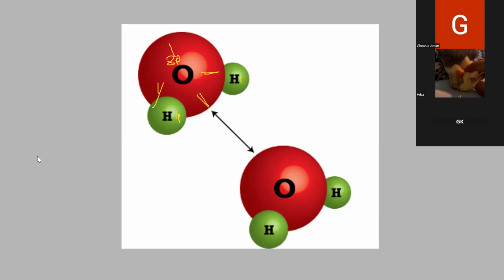When the negatively charged particles are tilted toward the side of oxygen, it gets a slight negative charge. This is the sign of partial or slight. Whereas the side of hydrogen, from which electrons are pulled away, becomes slight positive, like this.